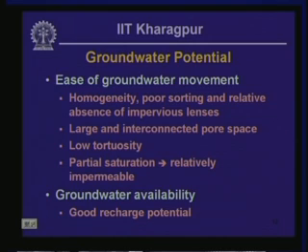And you also need groundwater availability to have good groundwater potential. If a soil deposit meets all the things that we discussed in the previous list, but it has no possibility of getting recharged with groundwater, then that particular volume of soil cannot act as a potential source of groundwater.